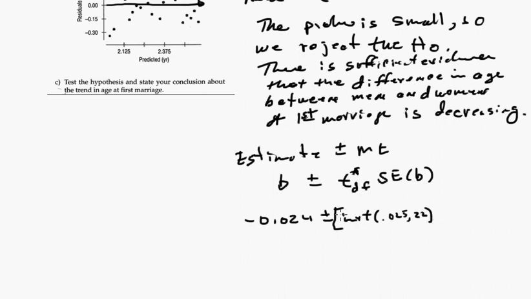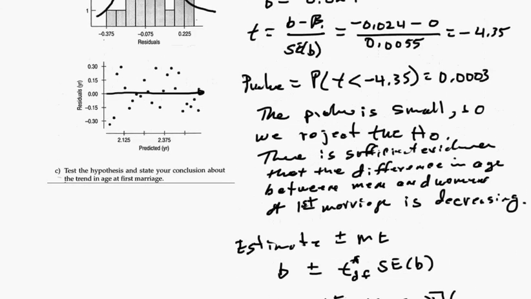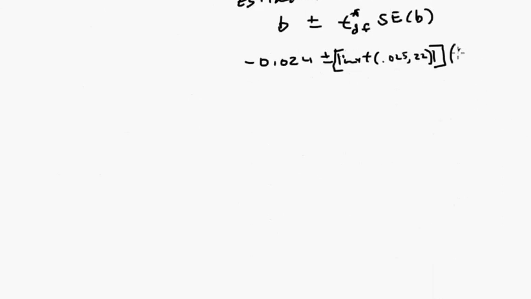We could say absolute value if you wanted. And then times the standard error, well, we already have that. It was 0.0055. So it's not that hard to compute the confidence interval.